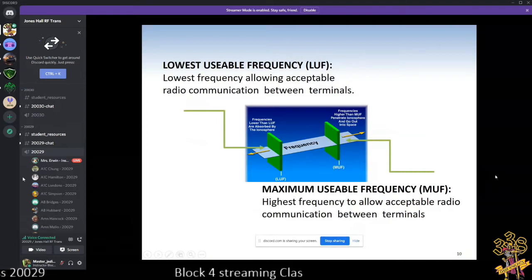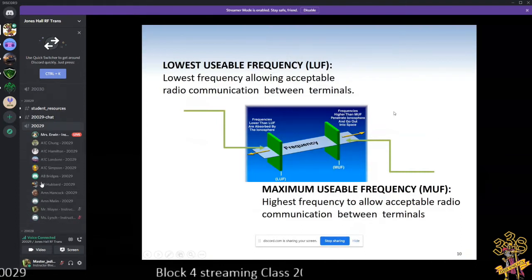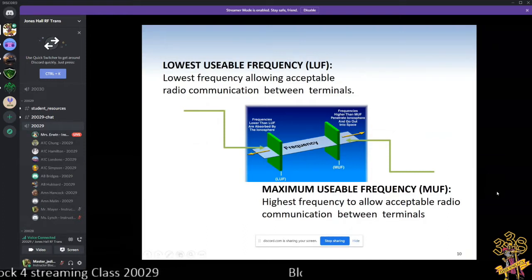Okay, now at any particular time of day, for any particular location, you're going to have a lowest usable frequency. That's exactly what it says. It is the lowest frequency that you can use where your distant end is going to get a usable signal. You're also going to have a maximum usable frequency, which is going to be the highest frequency you can use and your distant end get a usable signal.